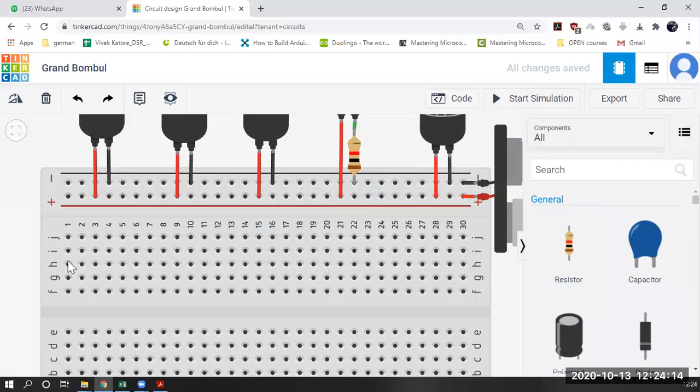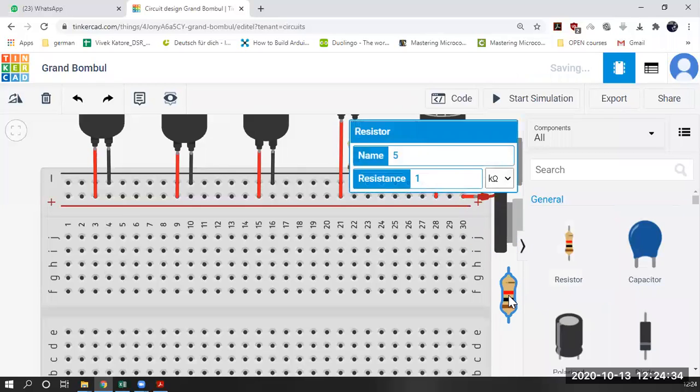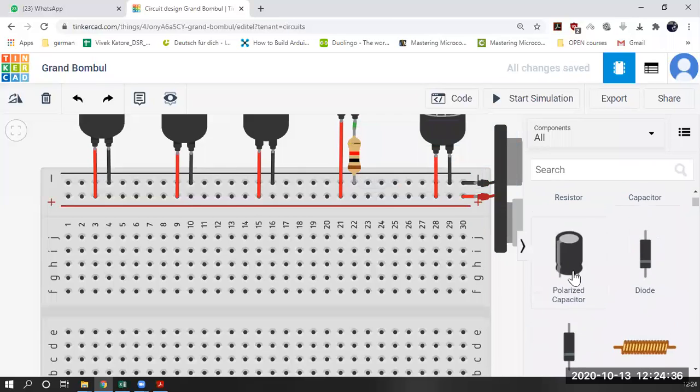Because you see this line is connected like this in the vertical fashion. So line number 1 and line number 2 are not connected with each other. So if I want to connect a resistor, or let me take the bulb actually, I will just delete it and let me take a bulb.